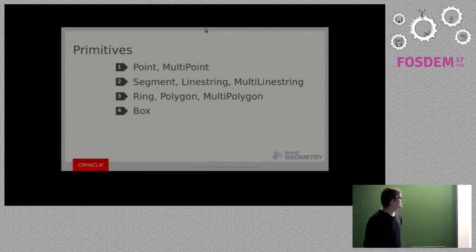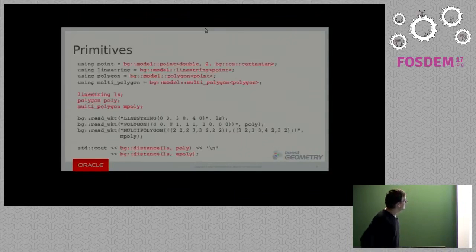These are the primitives that Boost Geometry supports. So basically, basic primitives that are defined in the OGC standard, plus the bounding box, which in Boost Geometry is a separate primitive. And here is how it looks like in the code.